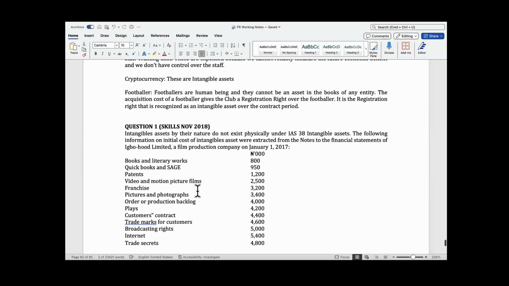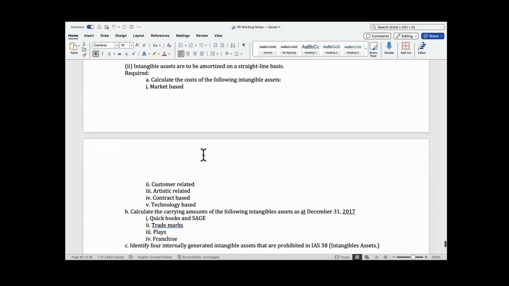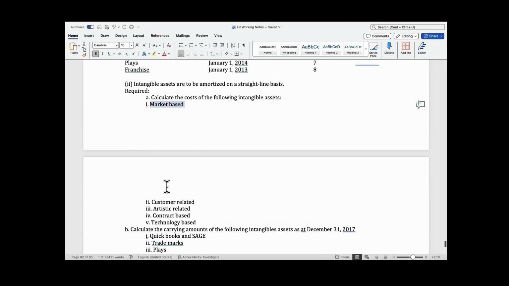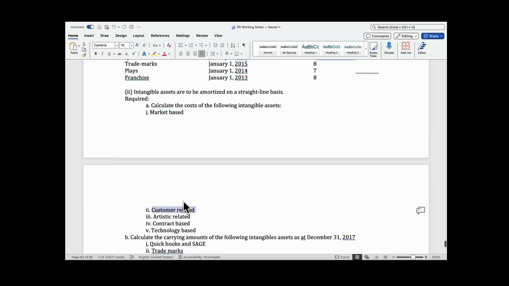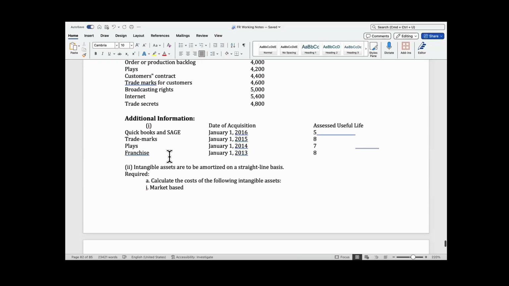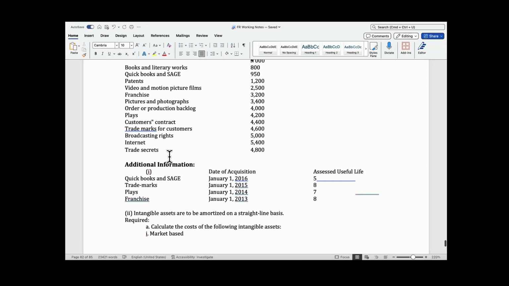Everybody that provided a solution provided a different solution for each classification, because it's judgment. The standard did not classify intangible assets on this, so judgment is allowed here. Whatever classification you put, we just gave everybody 5 free marks.